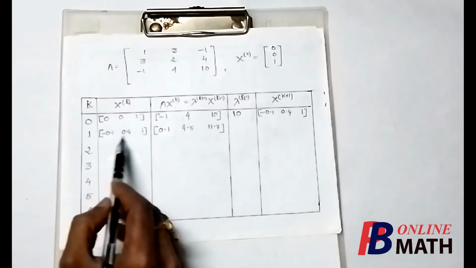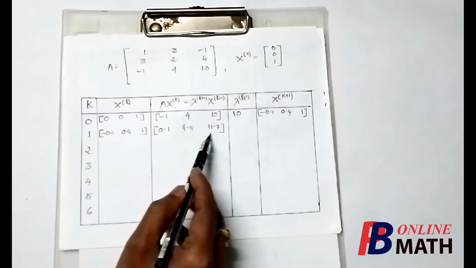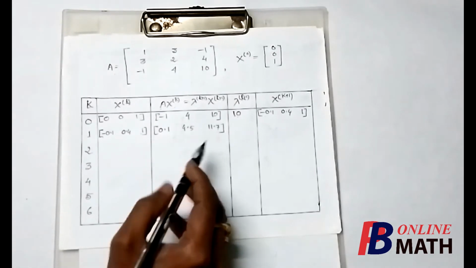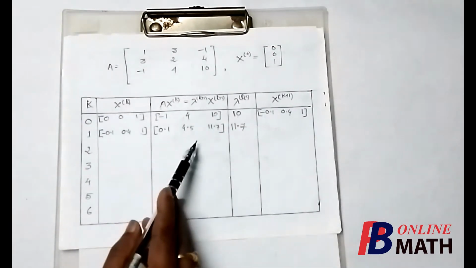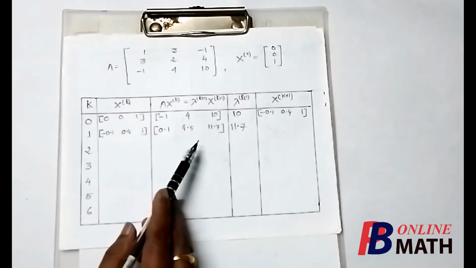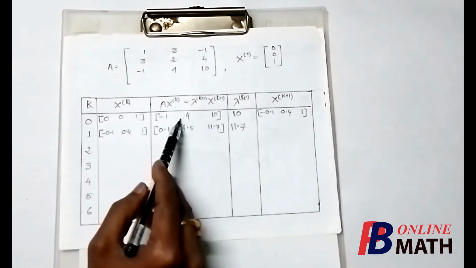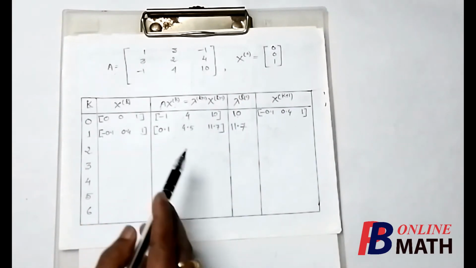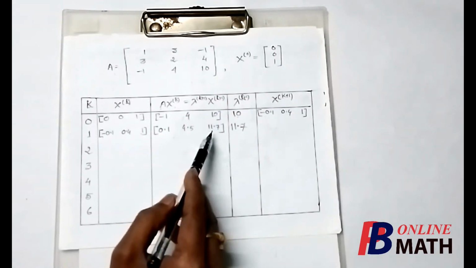This is in fact a column vector. Now from this column vector, this last one will be the next approximation of the eigenvalue. So the next approximation will be 11.7. Now remember, if we select the eigenvector as 0, 1, 0, then the second component will be the eigenvalue. Now since we have selected 0, 0, 1, so the third component will be the eigenvalue.